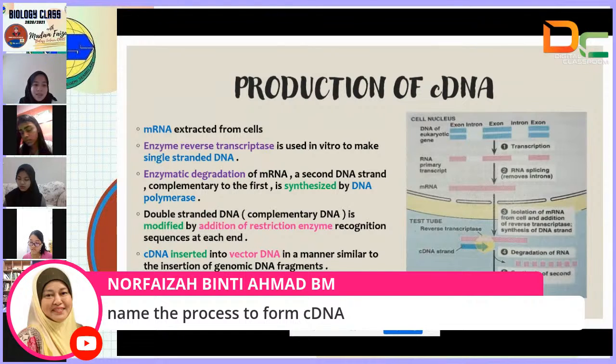After enzymatic degradation of mRNA, the second DNA strand complementary to the first is synthesised by DNA polymerase, making it double-stranded. Double-stranded DNA is modified by addition of restriction enzyme recognition sequences at each end. The cDNA is inserted into vector DNA in a manner similar to insertion of a genomic DNA fragment.